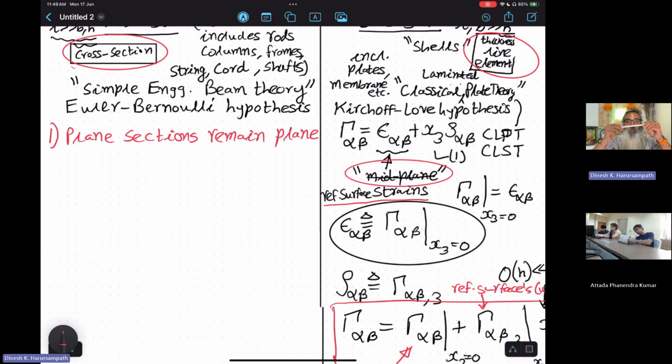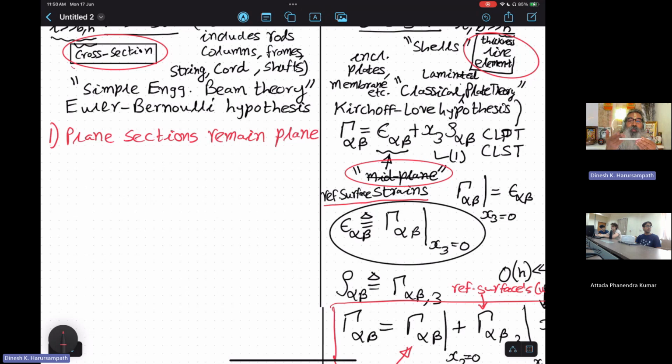In other words, we're saying that if this is a beam, I don't care whether it is extending, bending or twisting or a combination of all of these. I know that there is a particular cross section at any arbitrary location along the length of the beam, along which I've introduced the coordinate system x1. So at some value of x1, let's say x1 star, I choose a particular cross section.